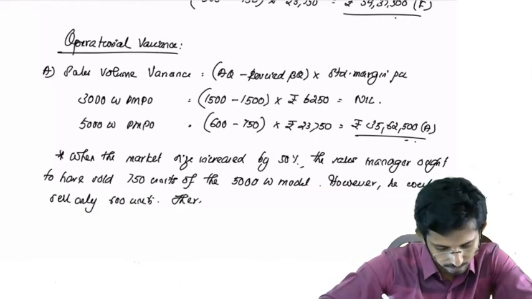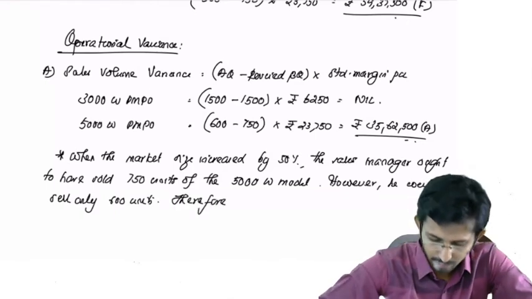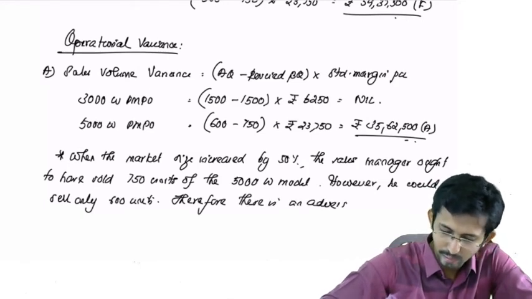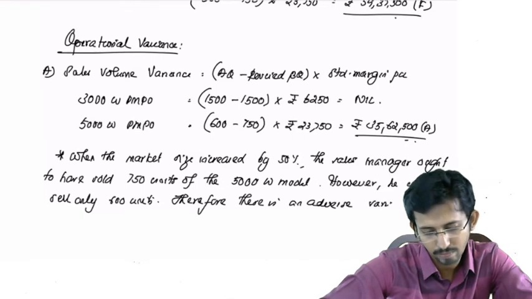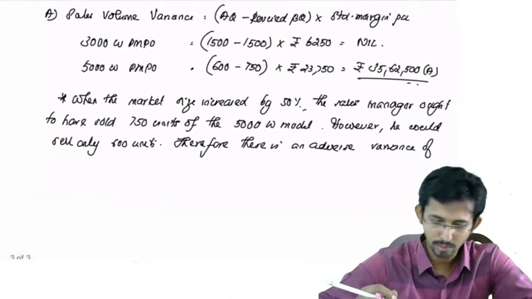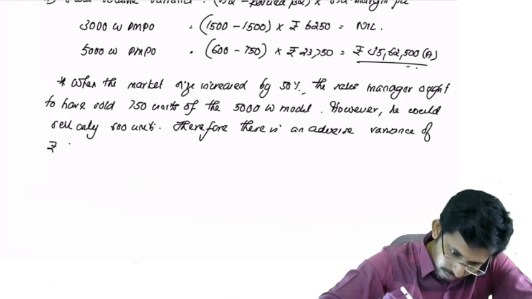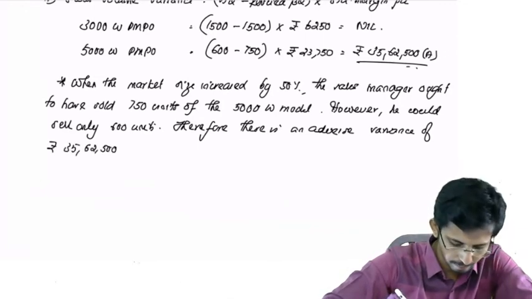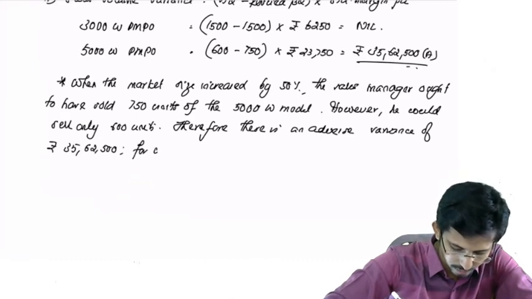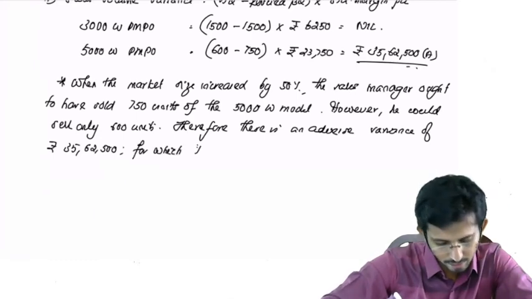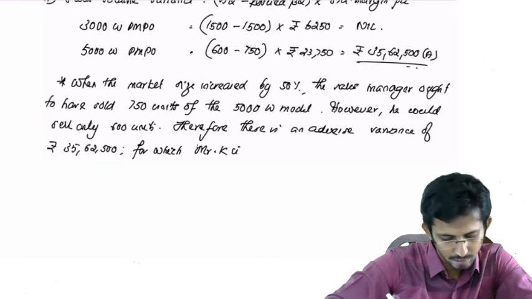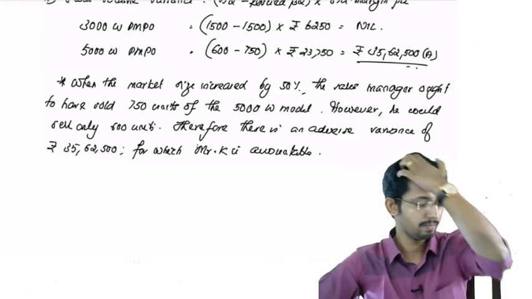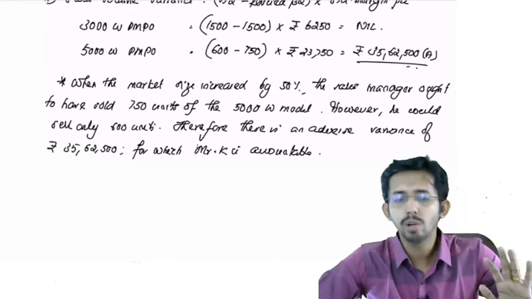Therefore, there is an adverse variance of rupees 35,62,500, for which Mr. K is accountable. Is it clear? So sales volume variance we have computed.